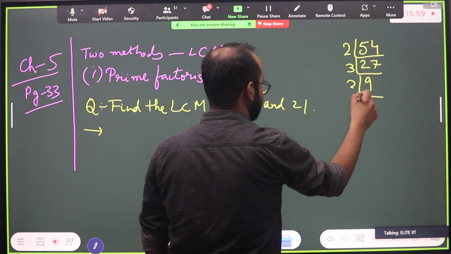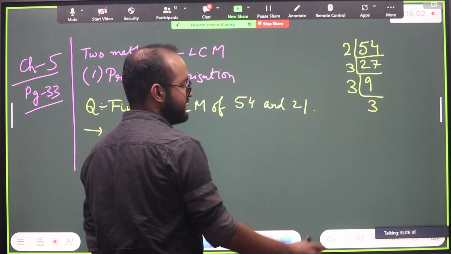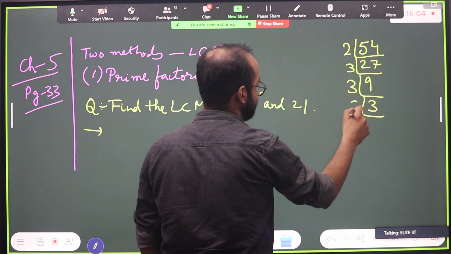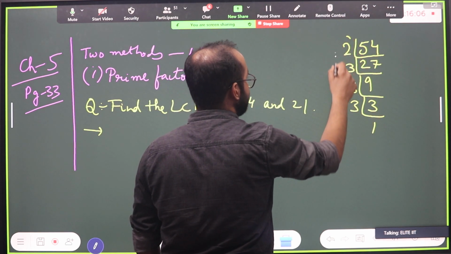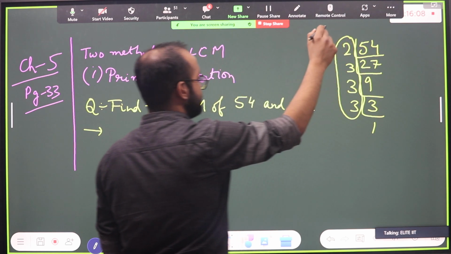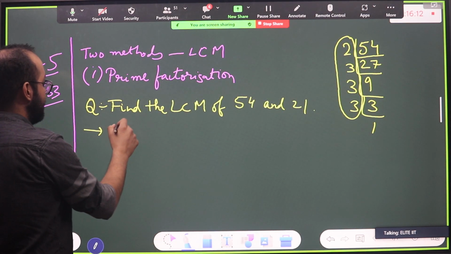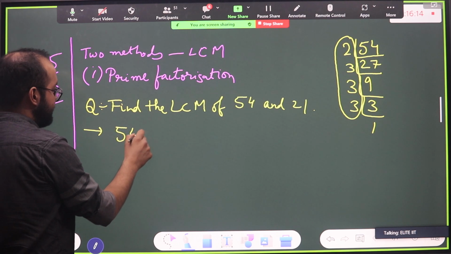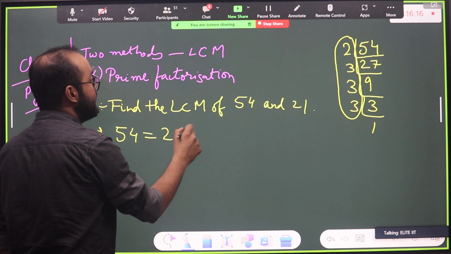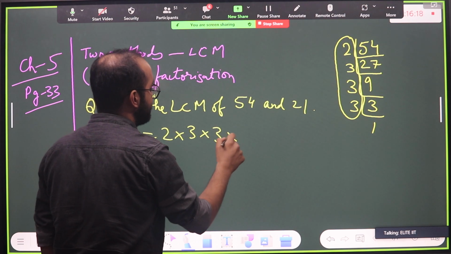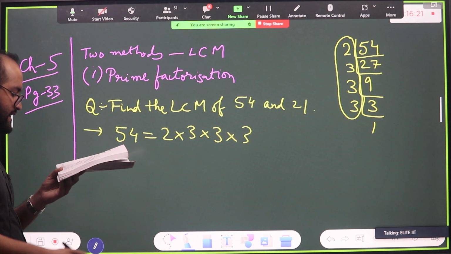Then again 3. Then 3 ones are 3. That's it. So these are the prime factors. So I can write 54 as 2 into 3 into 3 into 3. Can I write it?